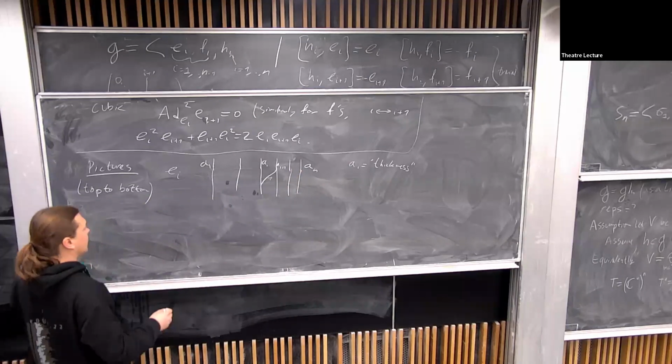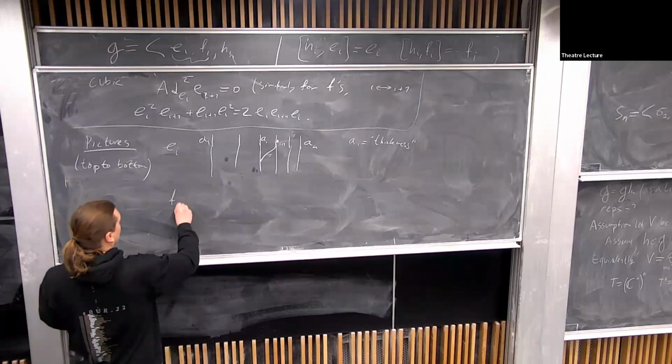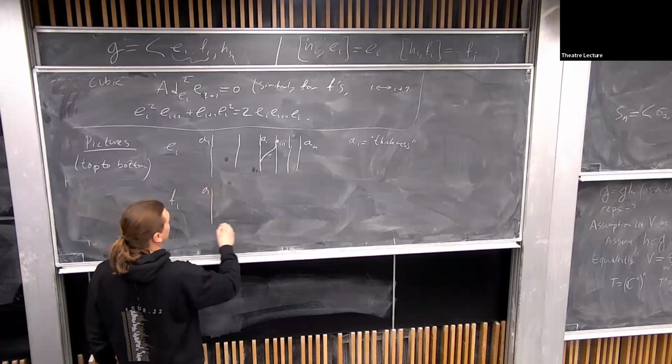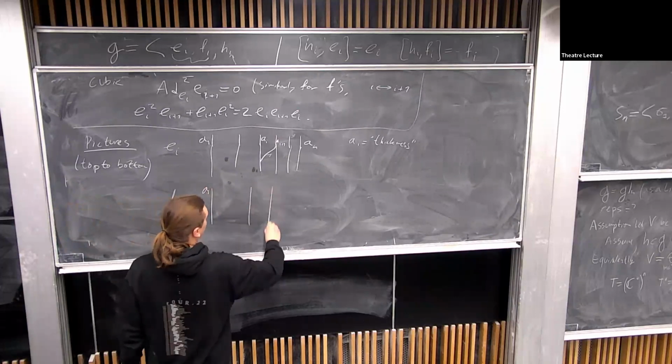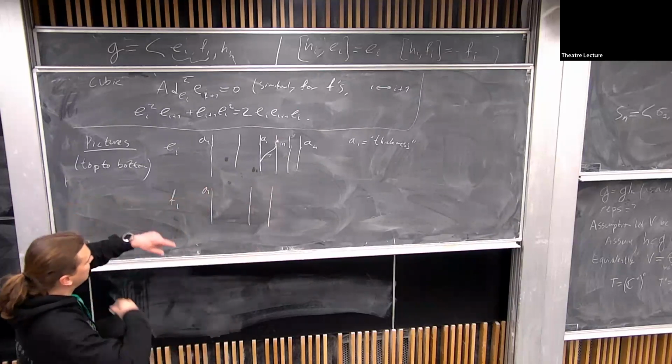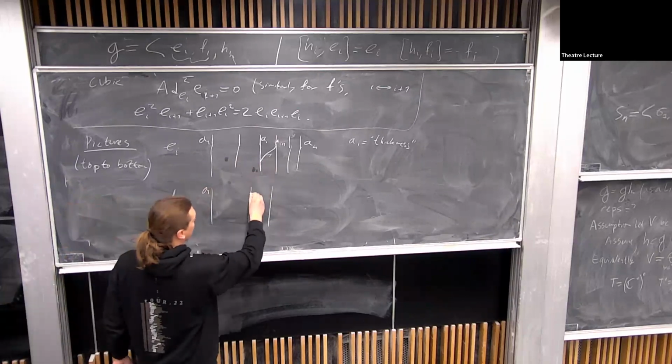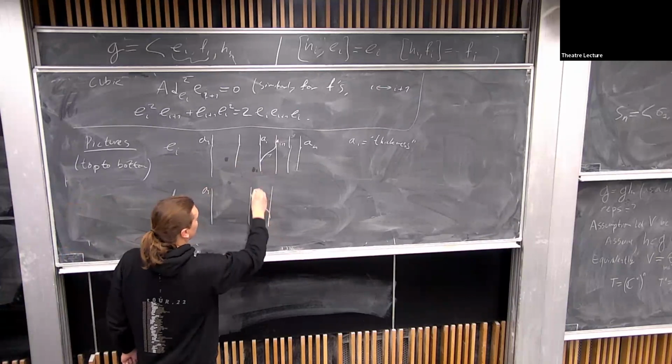Now what about F_i? F_i should be the other way around. There should be some duality which interchanges E_i and F_i, so it simply flips the diagram like this.